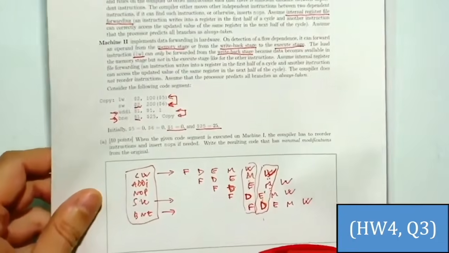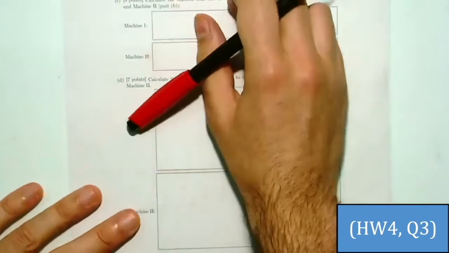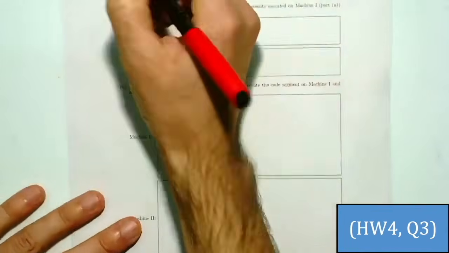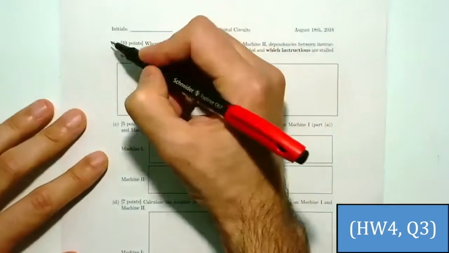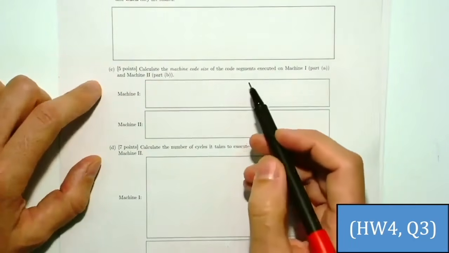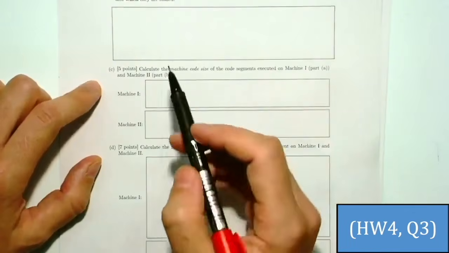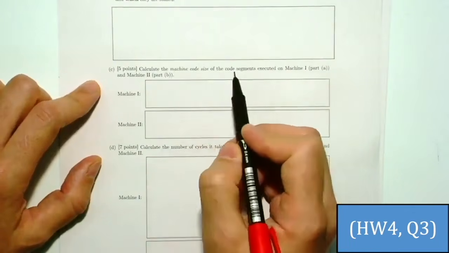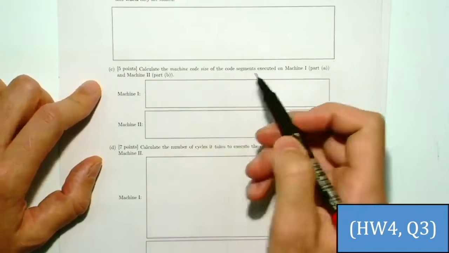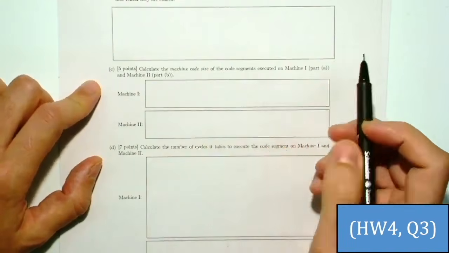More questions? So next question is, when the given code is, so I will answer, you cannot see this, right? Okay. So I will leave this question to the end, and I will go to question C, because I think that is easier in this way. So calculate the machine code size of the code segments executed on machine 1 and machine 2.